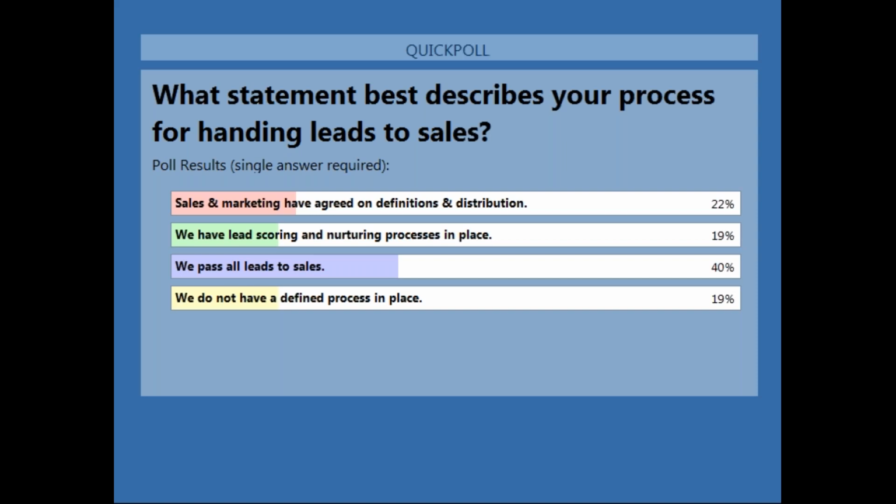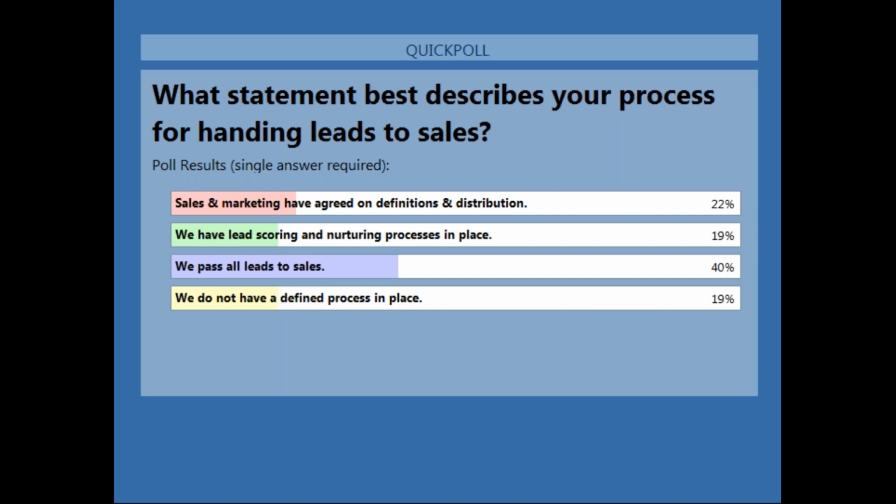That makes me really happy that it came up as number 2, and then neck and neck for number 3 and number 4 is we have lead scoring and nurturing processes in place, which is great, at almost 19%. And I think it shows us there's room to grow with regard to that.